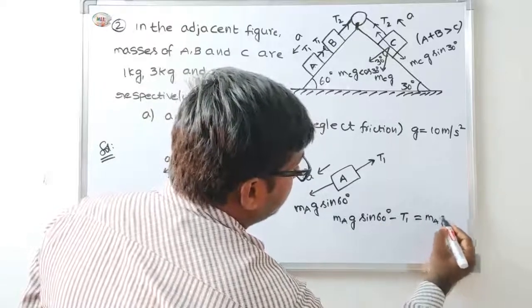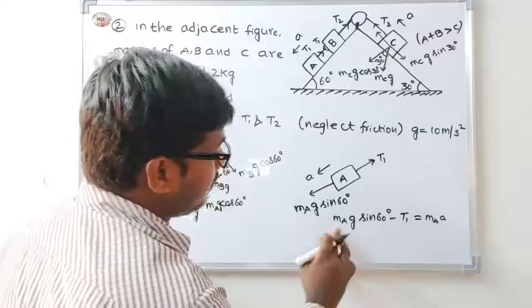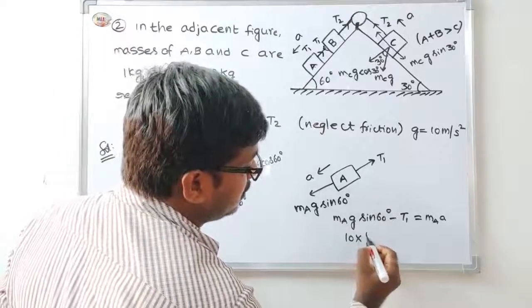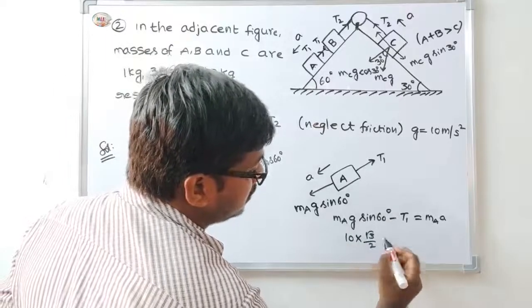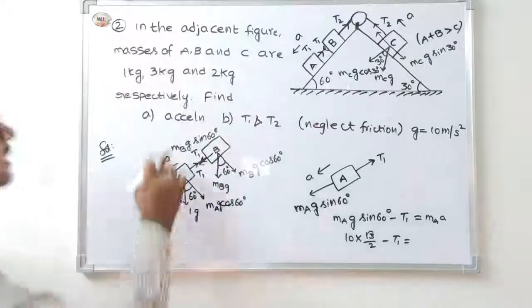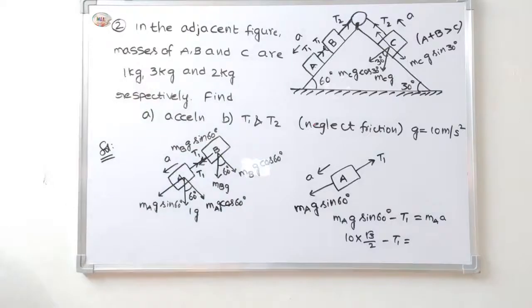MA into A. M is 1 into 10, 10 into root 3 by 2 minus T1 is equal to MA into A. MA is 1 kg, 1 into that acceleration 4.1.